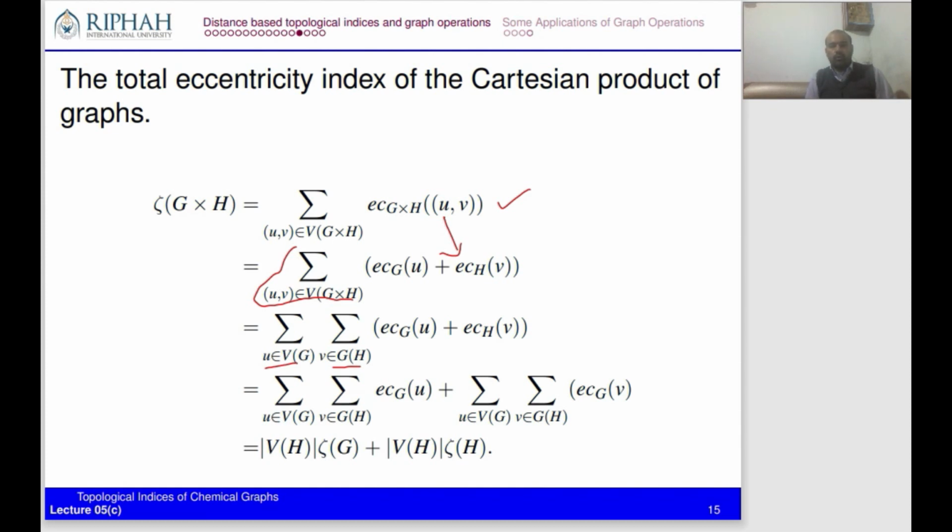So now we apply this summation to both terms. Here we have this expression.